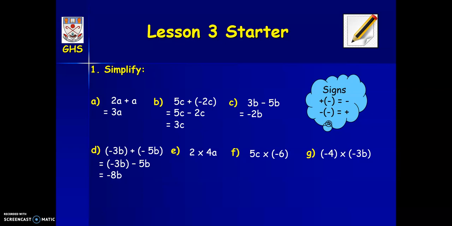Now some multiplying examples. 2 times 4A is simply 8A. 5C times minus 6. 5 times minus 6 is minus 30, so 5C times minus 6 is minus 30C. For G, we have negative 4 times negative 3B. Negative 4 times negative 3 is positive 12, so our answer here is positive 12B.